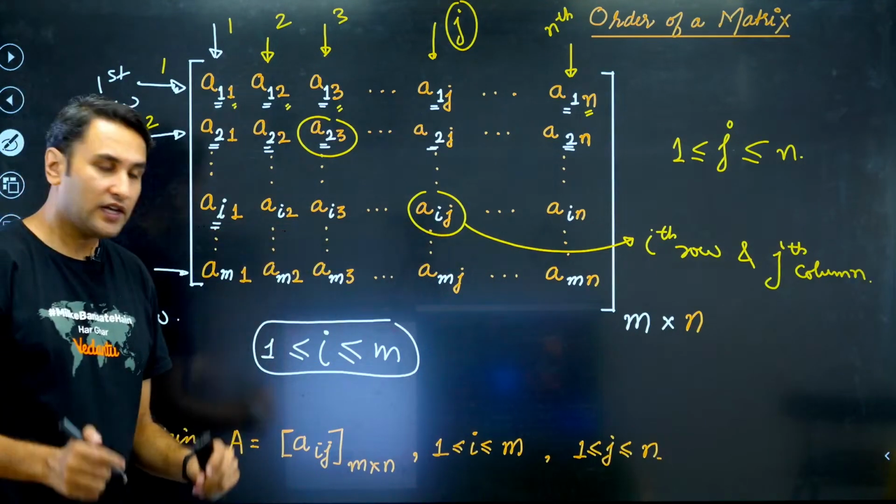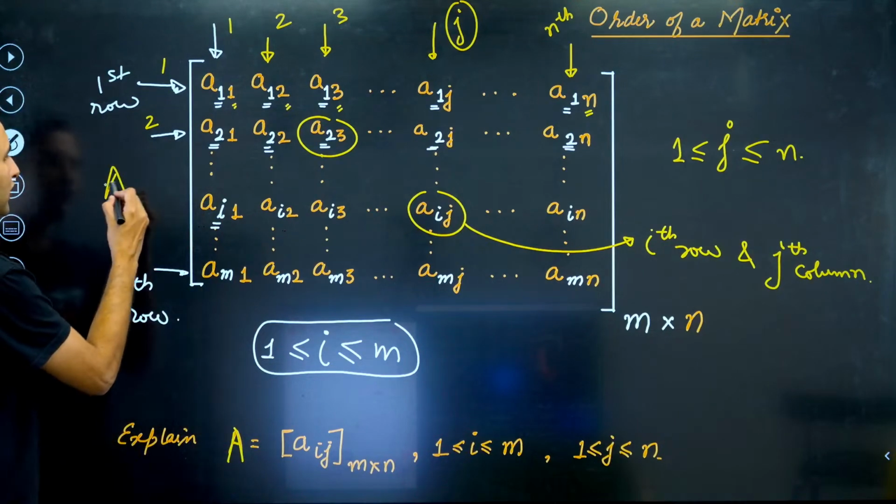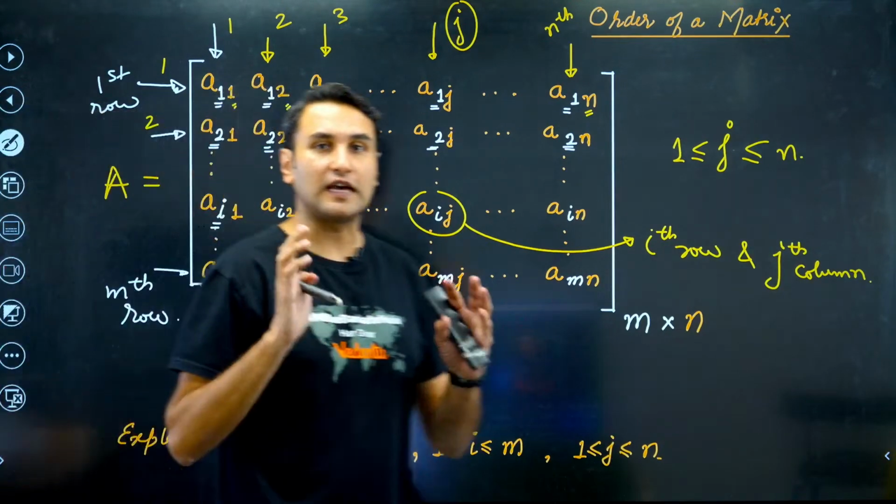So actually I can represent this entire matrix as A. I usually represent the matrix, bachcho, with a capital letter.